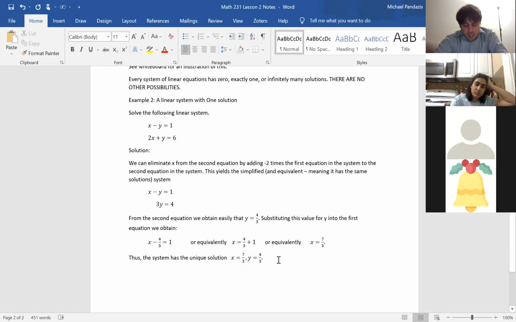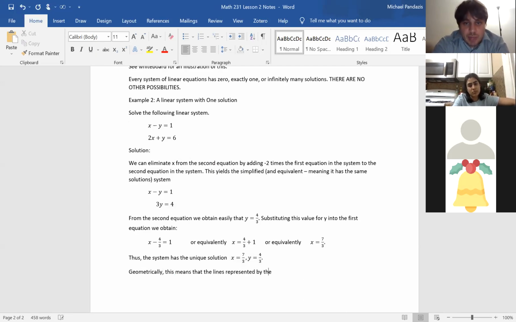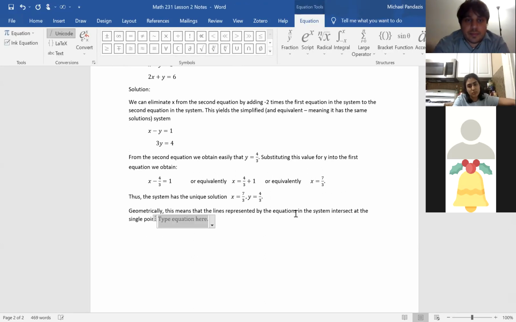Okay. Geometrically, this means that the lines represented by the equations in the system intersect at the single point 7/3, comma 4/3.